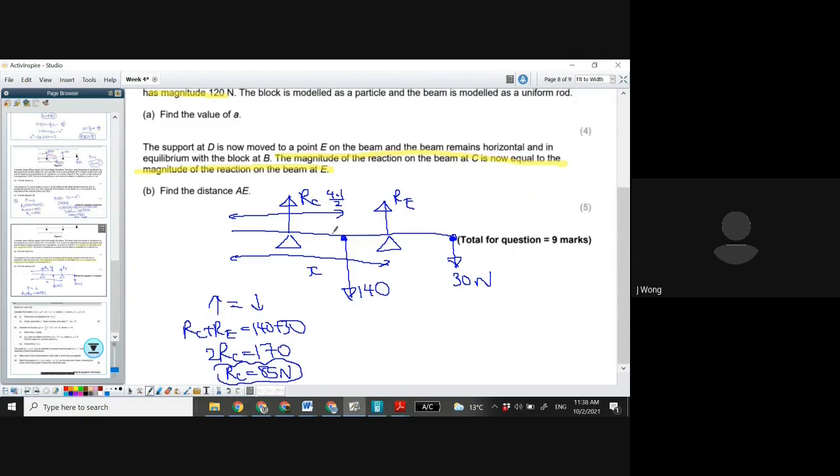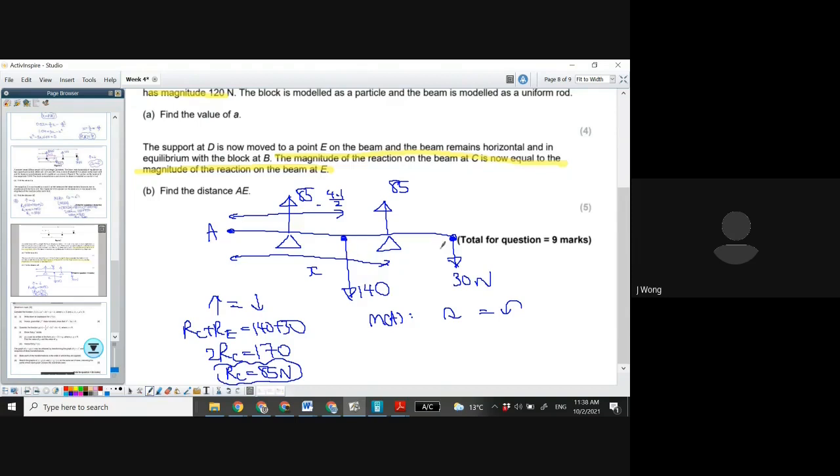Okay, and once you have that, then you could just consider moments. And again, I was just going to consider moments at point A. So let me just take moments at point A, and it's pretty much what we have done just now, just we don't know distance x.